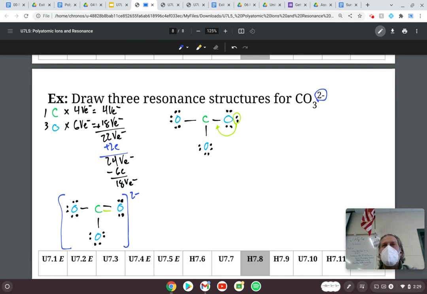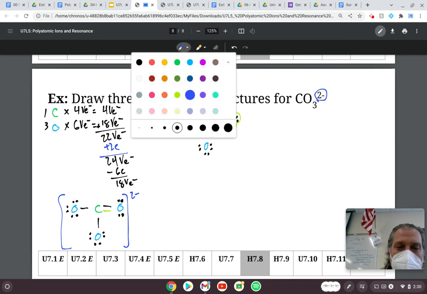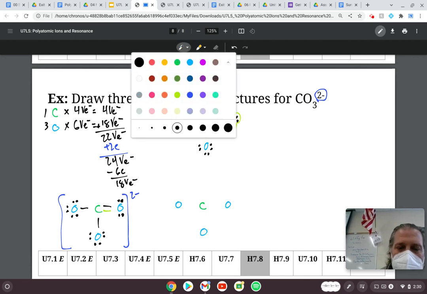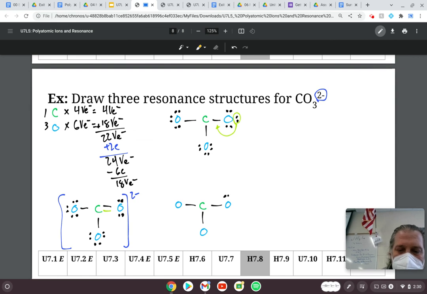But in this example, I'm telling you that there's 3 different ways we can draw this structure. And I'm hoping that you're guessing that each of those ways is a double bond on one of each of the oxygens. So my second potential structure will look like this. And I'll put it in brackets.